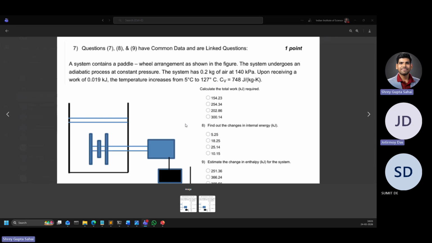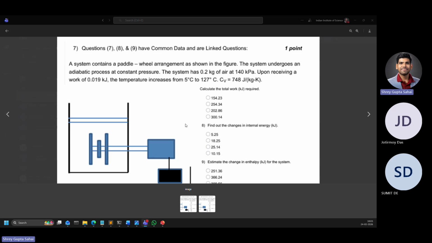The system contains a paddle wheel arrangement as shown in the figure. Let me read this entire thing. The system undergoes an adiabatic process at constant pressure.